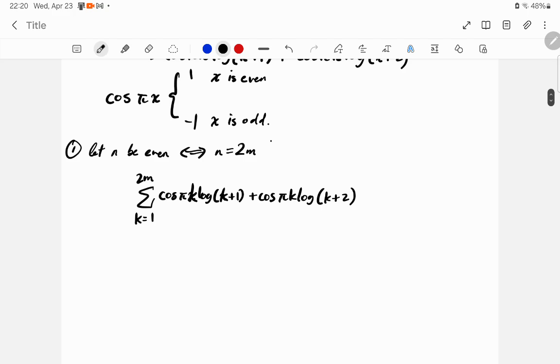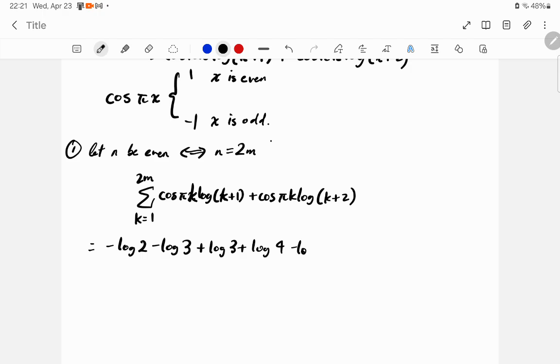All right, so let's write down a few terms of this series to see where this goes. Okay, the first few terms of the sum: at k equals 1, cosine pi k is negative 1. So this becomes negative log of 2 minus log of 3. Then at k equals 2, cosine pi k is equal to 1. So this is simply going to be log 3 plus log 4. And then this continues on.